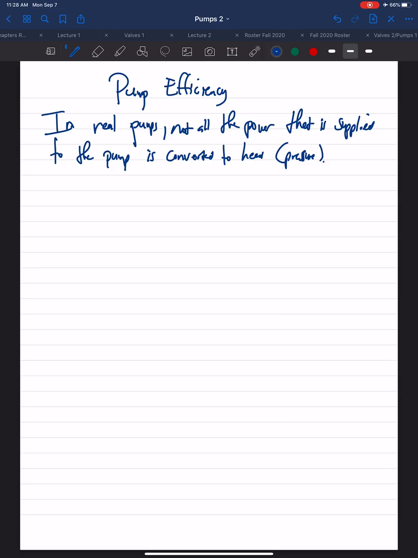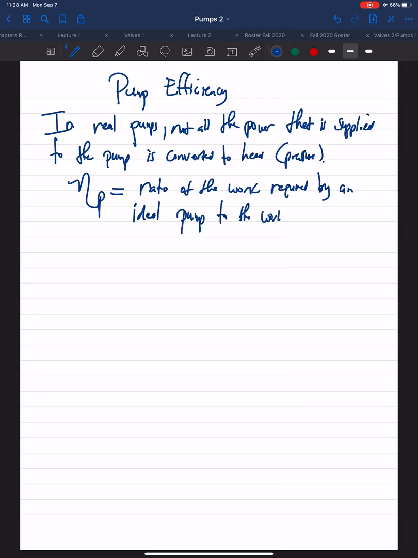So the efficiency of the pump, defined as this term, is defined as the ratio of the work required by an ideal pump to the work required by a real pump.